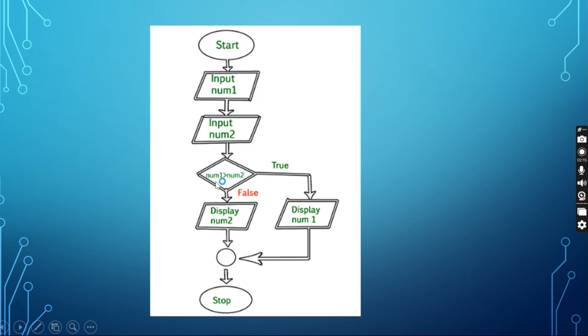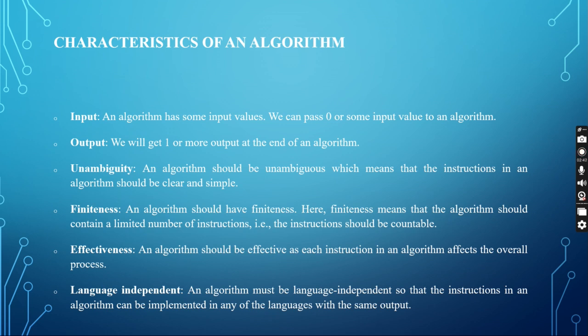So these are the input boxes, the decision boxes, and start and stop operations are there. And if the condition is true, then display number 1. If the condition is false, then display number 2. So this is the result where we can put it.